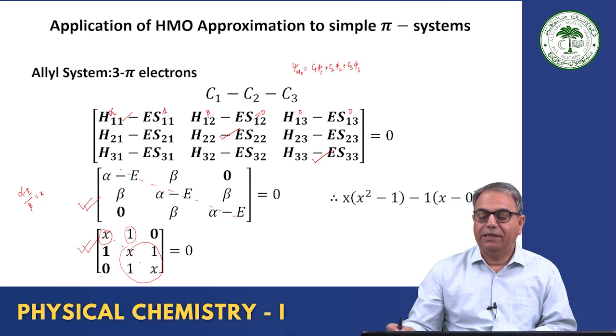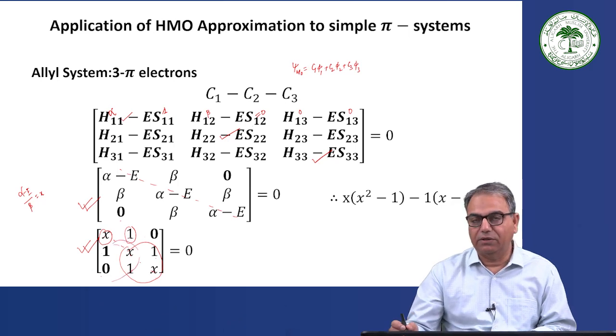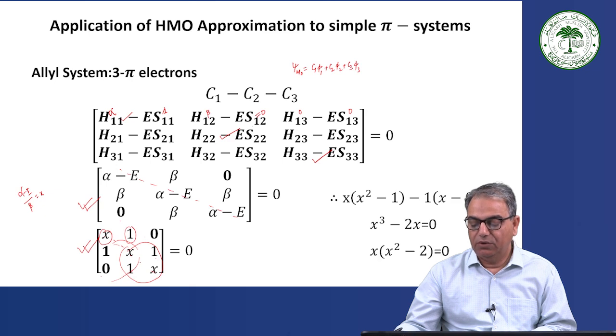And then the third term is 0. If you multiply 0 to this 2 by 2 determinant, it will be 0, so I have not written the third term. If you solve this one, what you get? x cube minus 2x is equal to 0. Then you can write x into x square minus 2 is equal to 0.